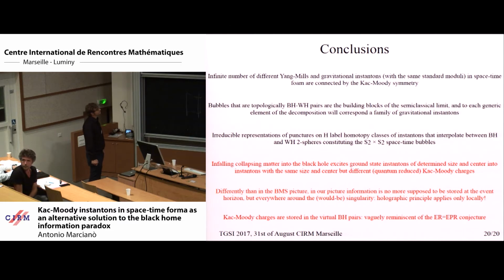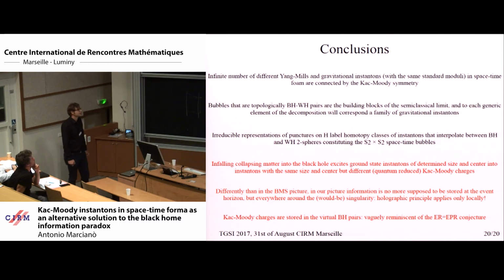So let me say that the infalling collapsing matter into a black hole may excite the ground state instantons of determined size and center into instantons with the same size and center, but with different Kac-Moody charges.